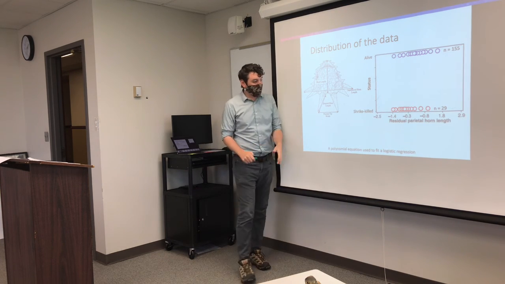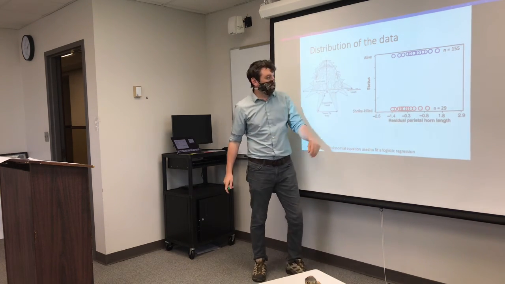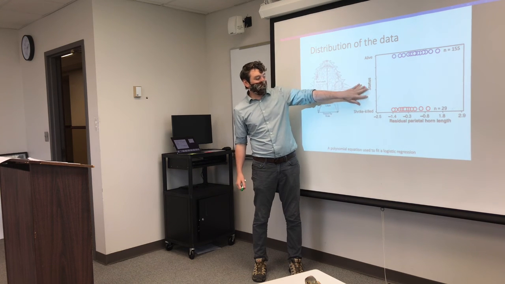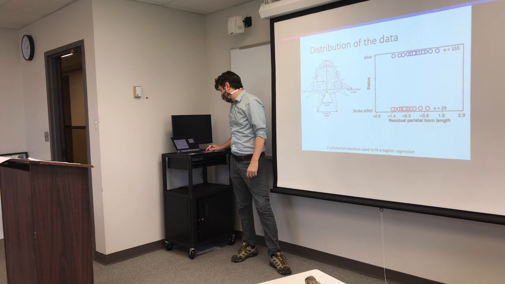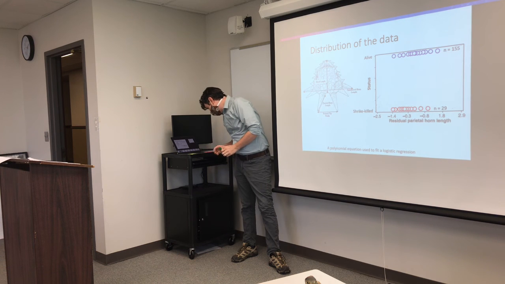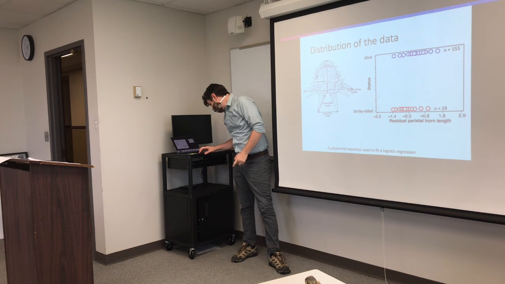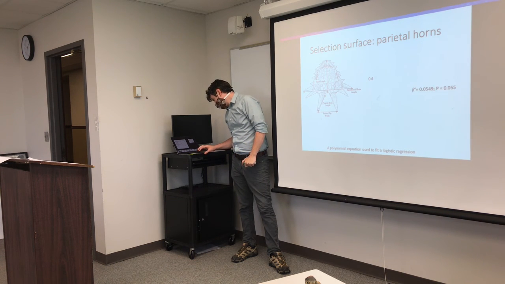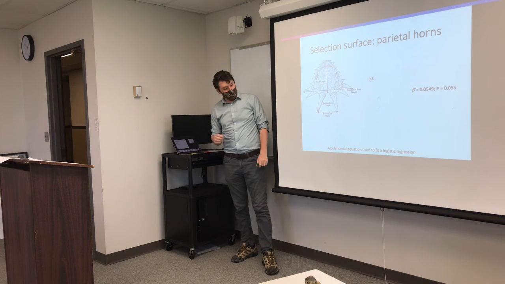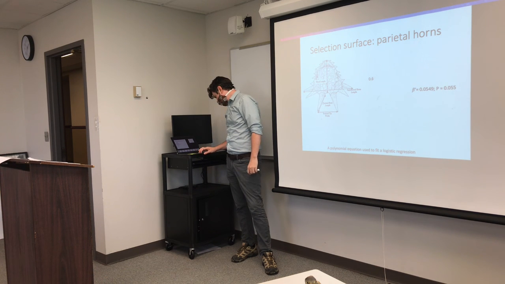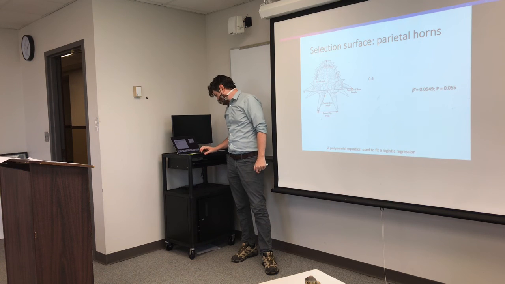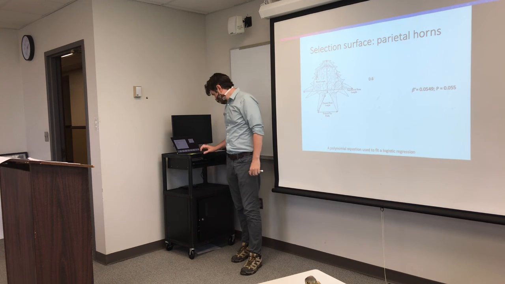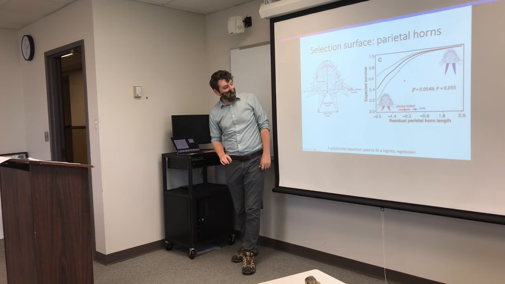So one of the variables here is horn length, and we'll talk about residual in just a second. And then there's this status, alive or shrike killed. Oh, there it is, okay.